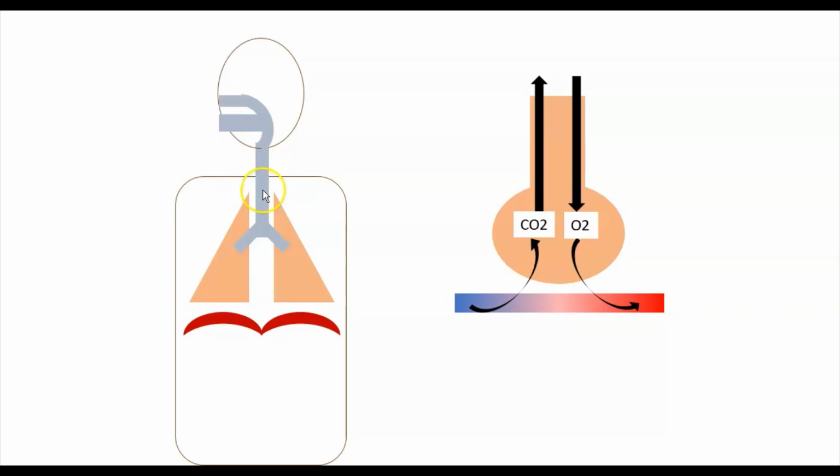Even lower at the level of the trachea, you can get pathologies such as tracheostenosis or tracheomalacia. But again, this would have to be pretty severe to cause significant obstruction and thus hypoxia. Anywhere through these larger airways, you can also get foreign body obstruction, which can then cause blockages and therefore hypoxia.